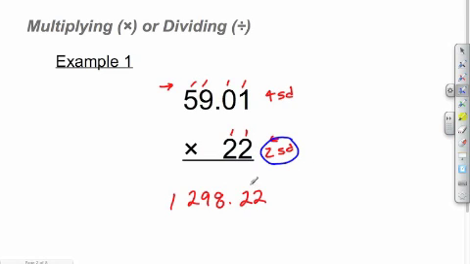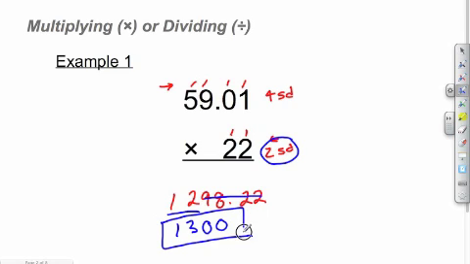So this answer right here needs to be rounded to 2 significant digits. All of these digits are significant according to the Pacific rule. My first 2 significant digits here are the 1 and the 2. This 9 is going to round that 2 up to a 3. And then I'm going to drop all that remains. I have 2 digits here that were before the decimal point, so I'm going to replace those digits with zeros. So my answer is 1,300.